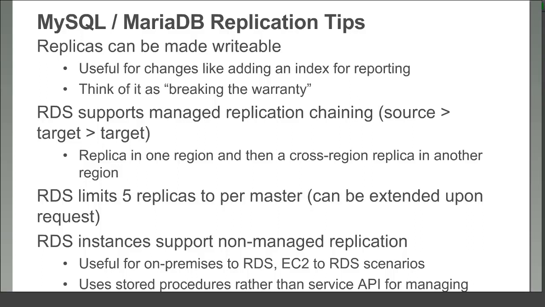So, for example, if one of your read replicas is operating as a reporting instance, and you want to add an additional index to it because that index is important for reporting, but it doesn't exist on your master because you don't need it on your master, but you do need it for reporting, then it would be useful to create that on just the read replica. But just be careful about what you do on there because it does obviously change the read replica, and so it does bring it somewhat out of sync.